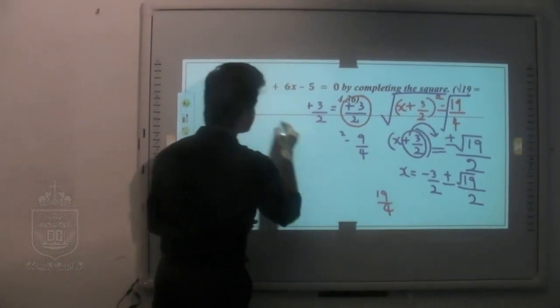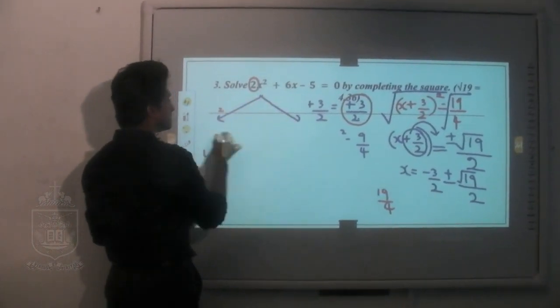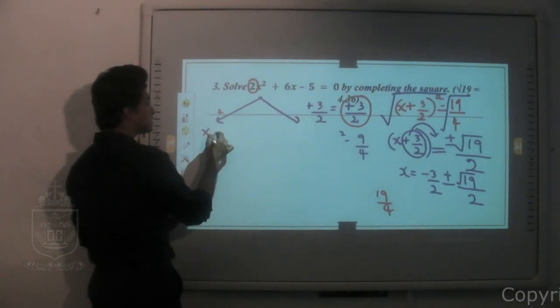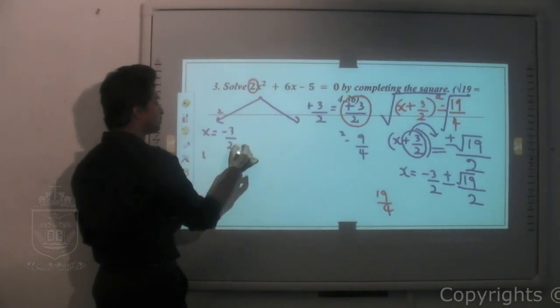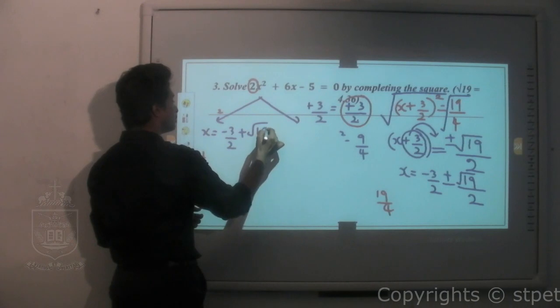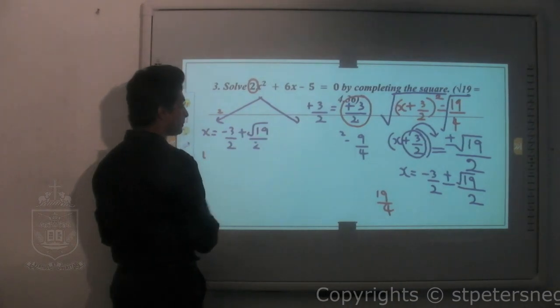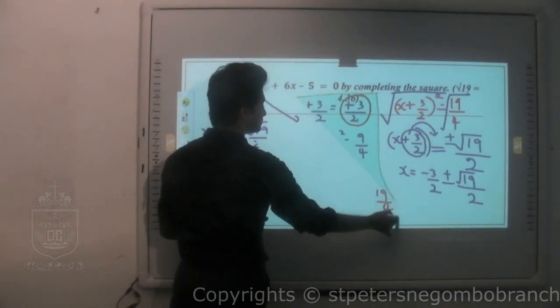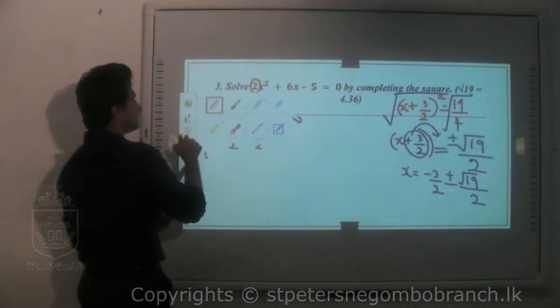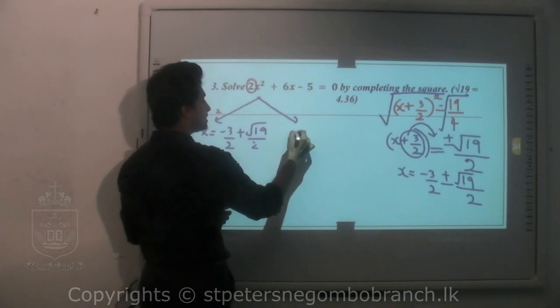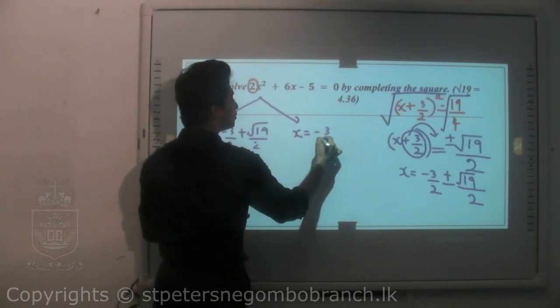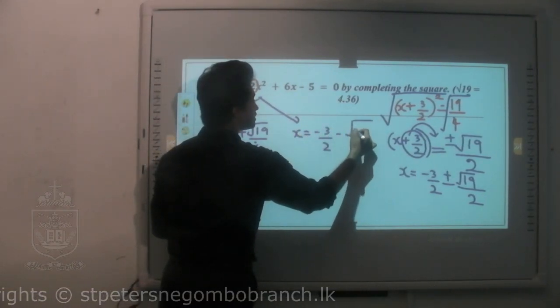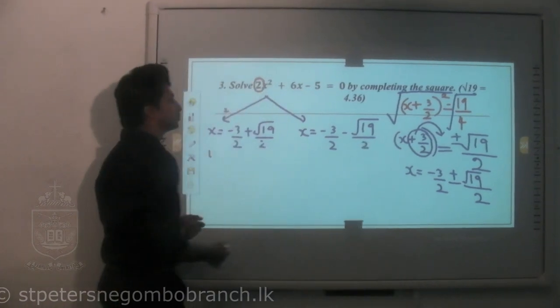Now I have to break this into 2 parts. That is either x equals minus 3 over 2 plus root 19 over 2, and another one I can take, that is x equals minus 3 over 2 minus root 19 over 2.